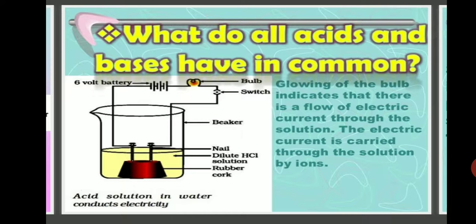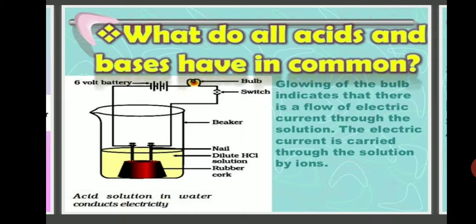That means the acid present in this beaker dissociates. We use the term dissociate, splits. How do we prepare a dilute solution? The acid is added to the water.